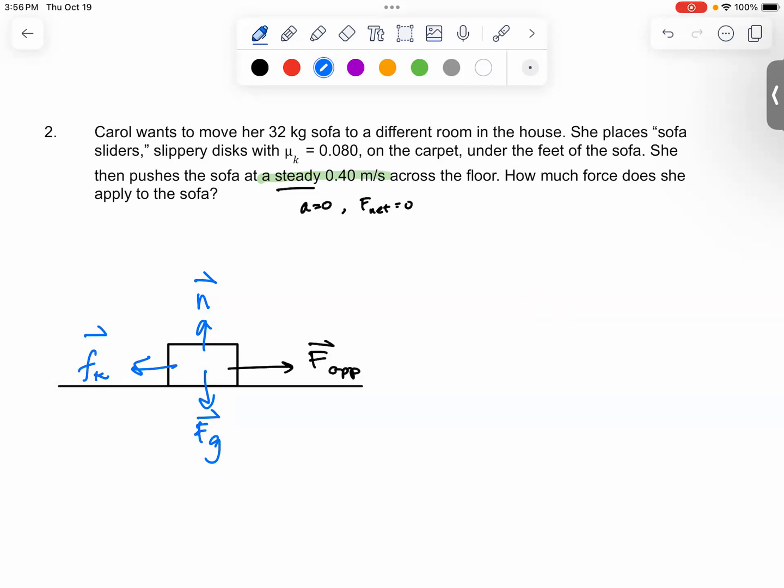All right, so I'm going to ask the same question that I asked earlier from question 1. What is something that you can just go ahead and calculate or tell almost right away? What force can we find out right away? Force of gravity, okay, because the object is 32 kilograms.